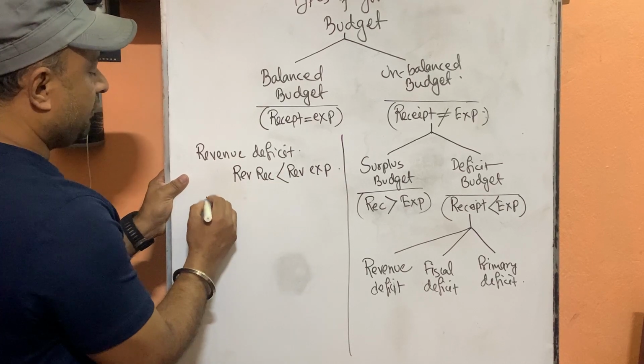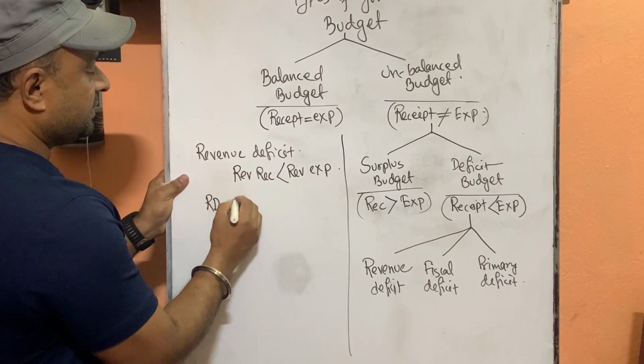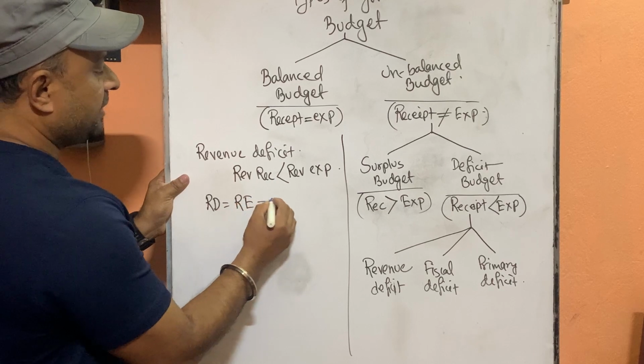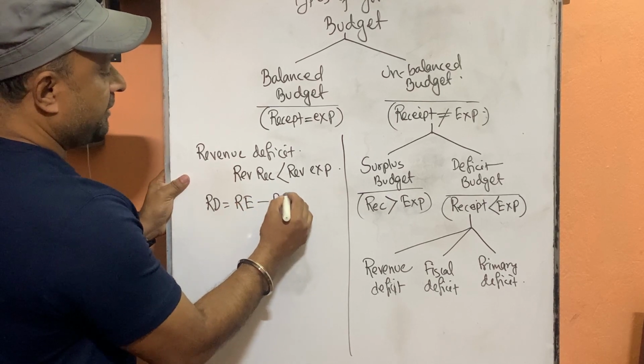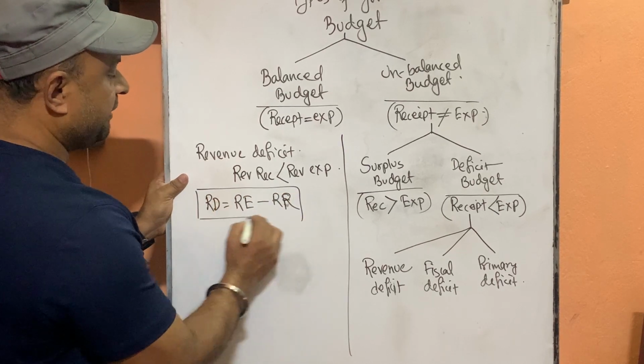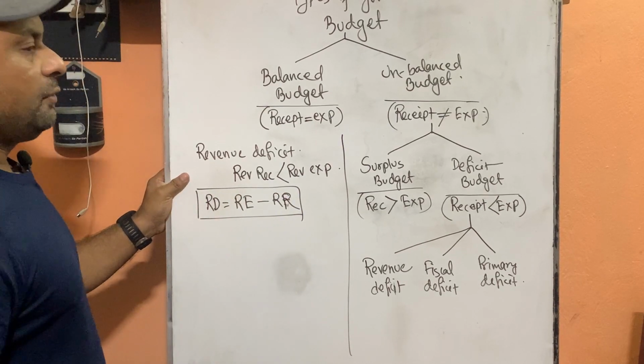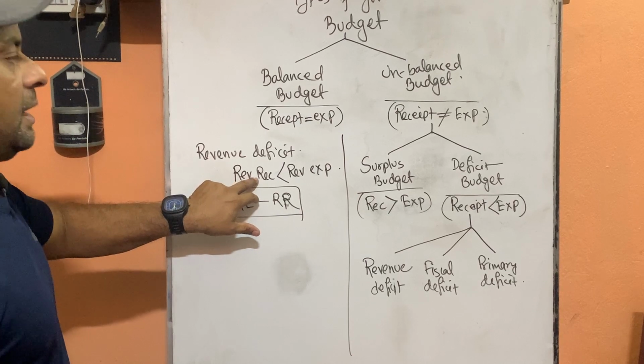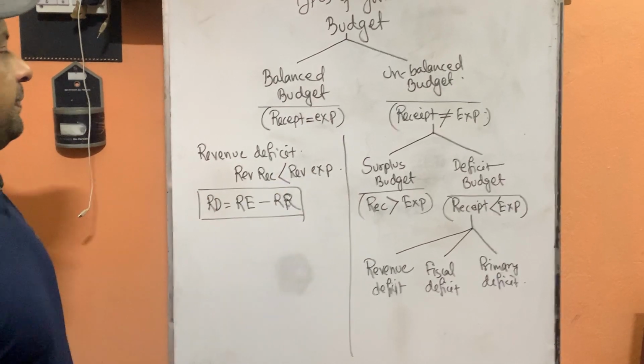So we can write the formula like this: revenue deficit is equal to revenue expenditure minus revenue receipt. This is the formula of revenue deficit.